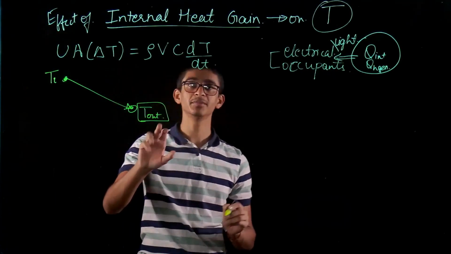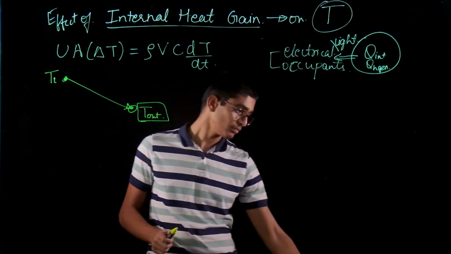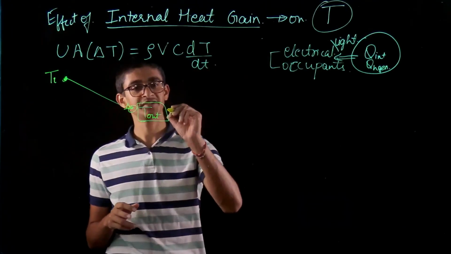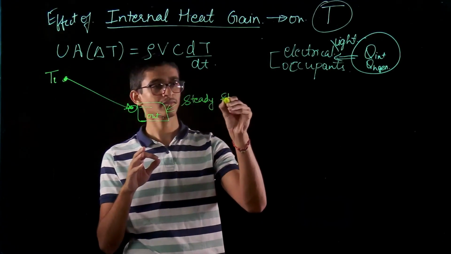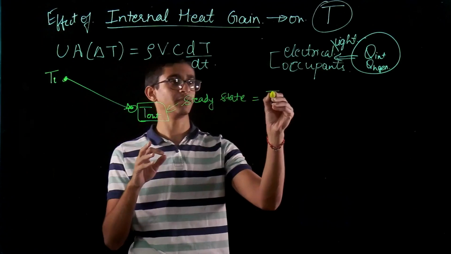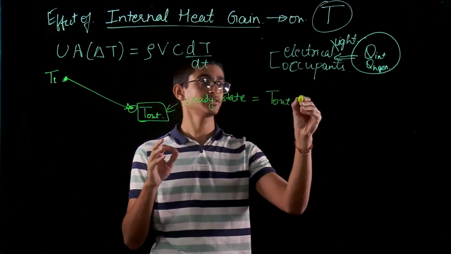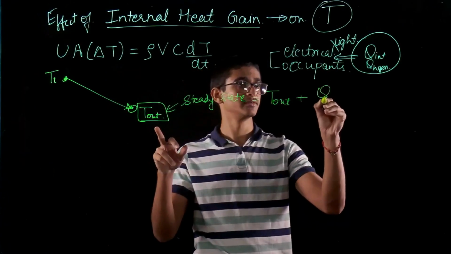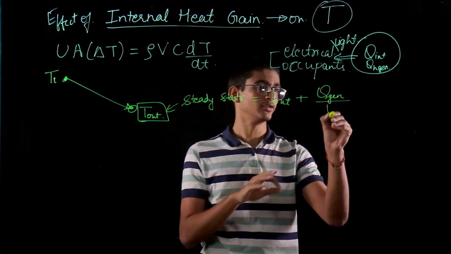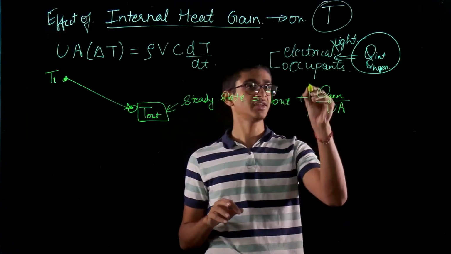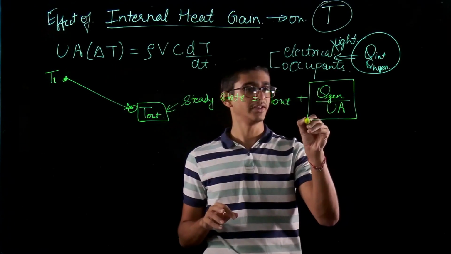Earlier the T out could be reached because there was no heat generation. The earlier steady state temperature was T out, but now my steady state temperature will be T out plus the internal heat generation divided by UA. So this is the extra thing.